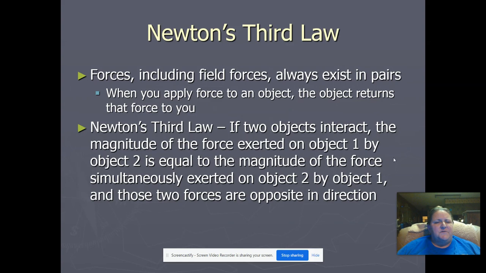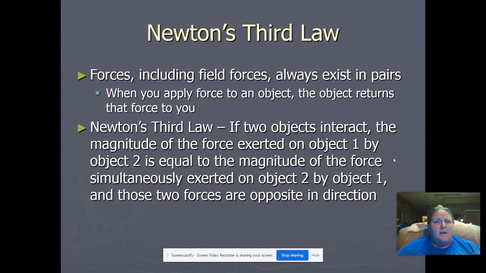So, Newton's third law. If two objects interact, the magnitude of the force exerted on object 1 by object 2 is equal to the magnitude of the force exerted on object 2 by object 1. And those two forces are opposite in direction.